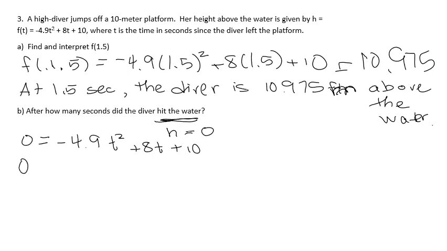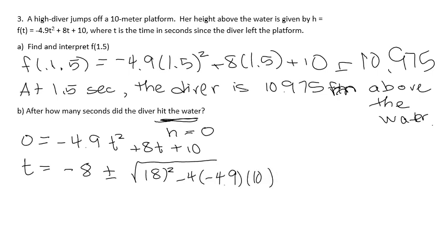So not 0 equals, let's get rid of that. t equals negative 8 plus or minus the square root of 8 squared minus 4 times negative 4.9 times 10, all over 2 times negative 4.9. I'm going to use my calculator to evaluate that.